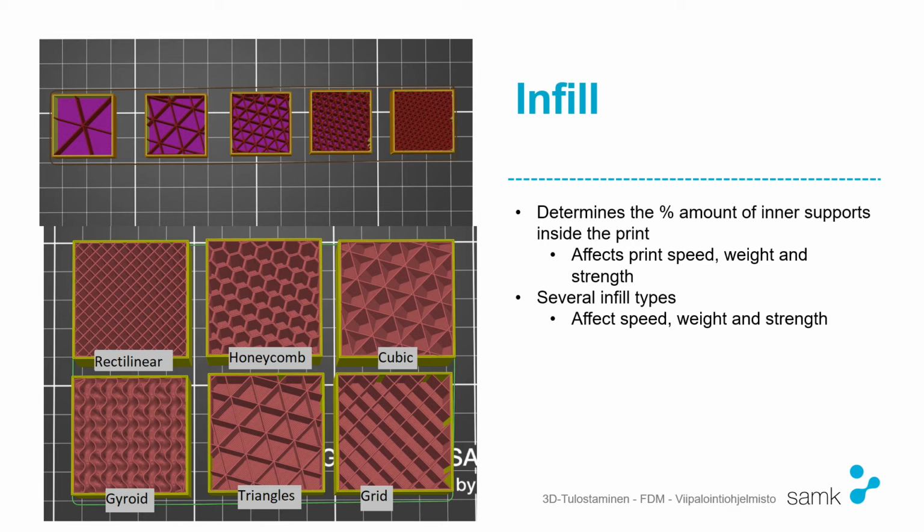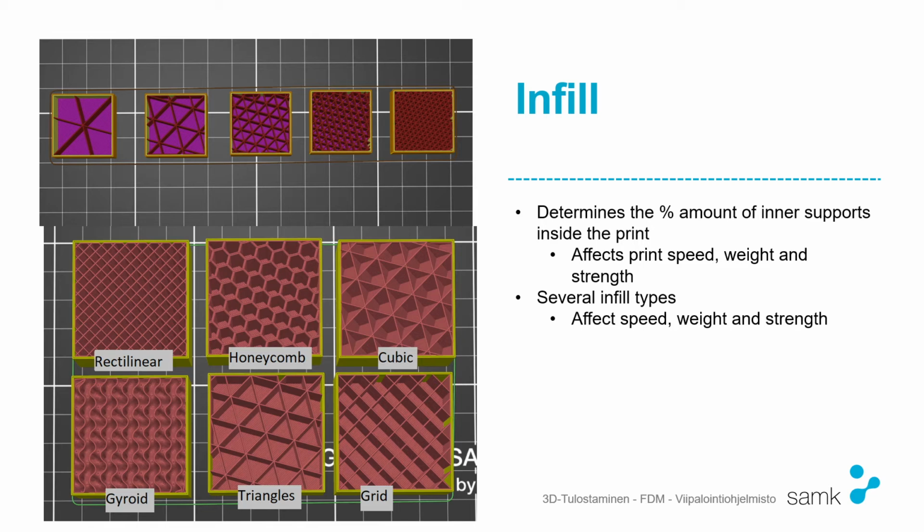And then there are the infill types in the image below. There's the rectilinear, there's the honeycomb, there's the cubic, gyroid, triangles, and grid. Different types of infills which have slightly different strengths. Triangles is a fast infill method to print because it's basically a straight line.